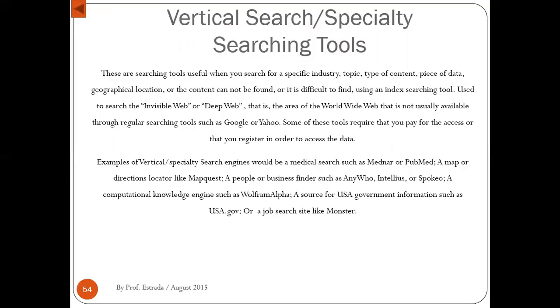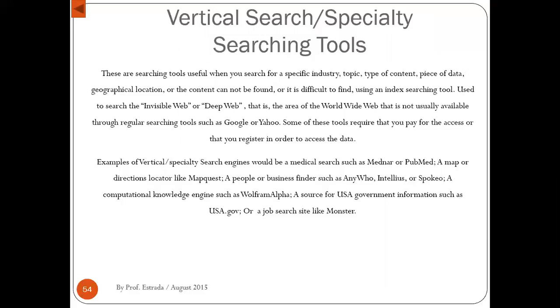These are tools which allow you to search the invisible web. Not everything that is available through the World Wide Web is accessible through regular index searching tools. As a matter of fact, most of the websites available to the World Wide Web are not accessible to most users.